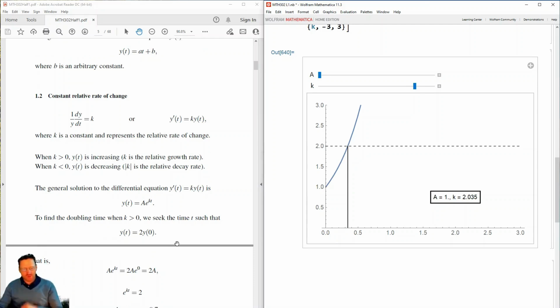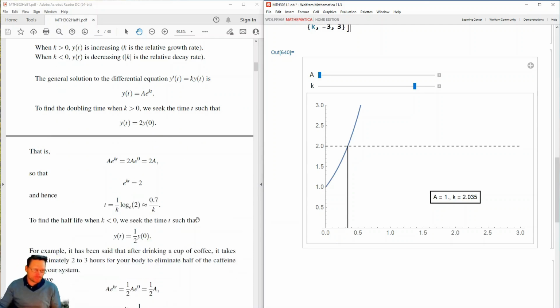But let's reflect on this document for a moment. We talked about the general solution, and we've illustrated what that looks like. To find the doubling time when k is positive, we seek the time t such that y(t) is equal to twice the initial value of y. Remember, the initial value of y is just a.